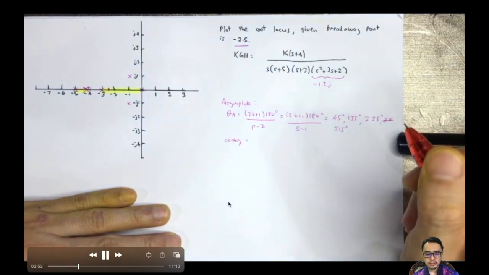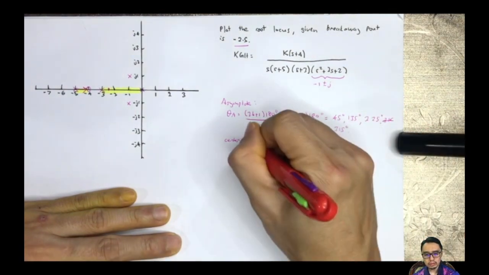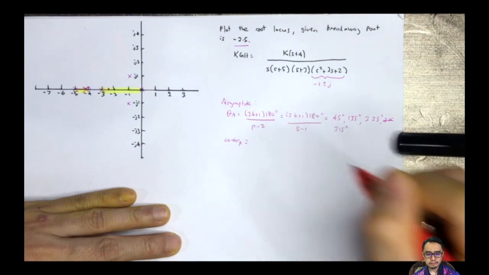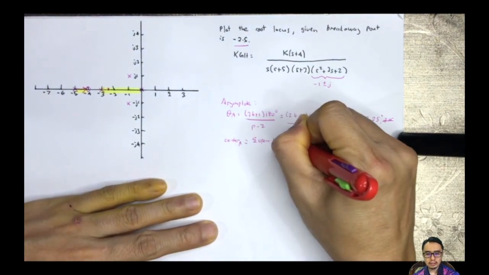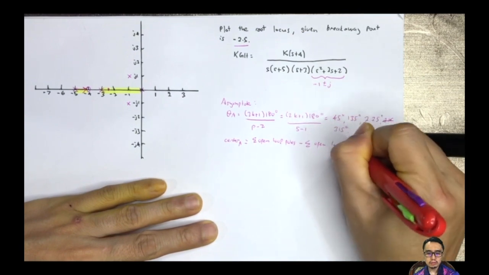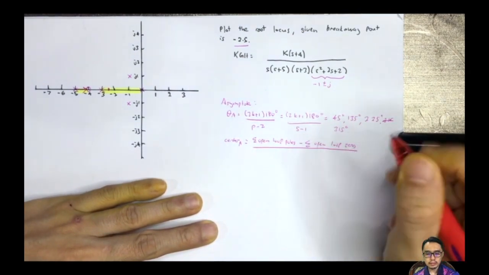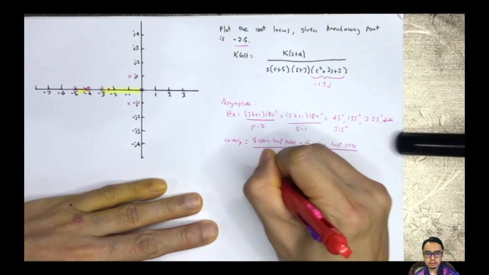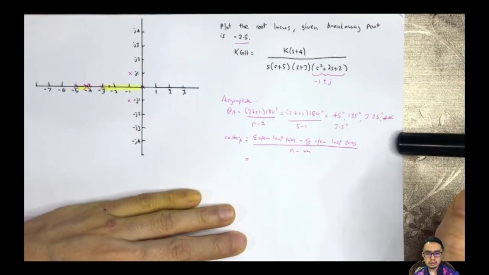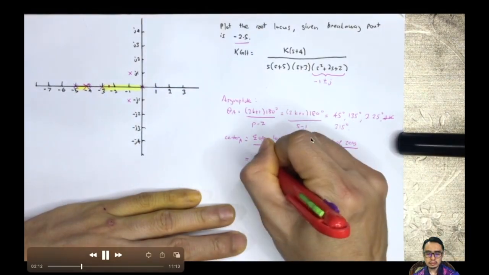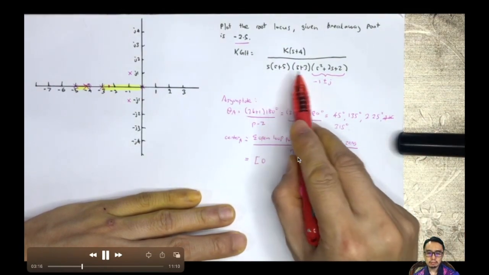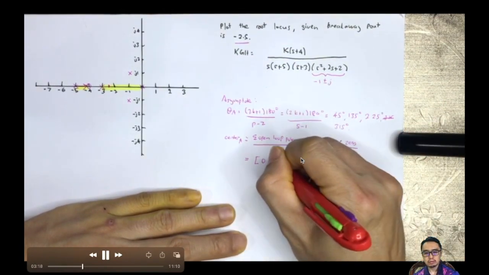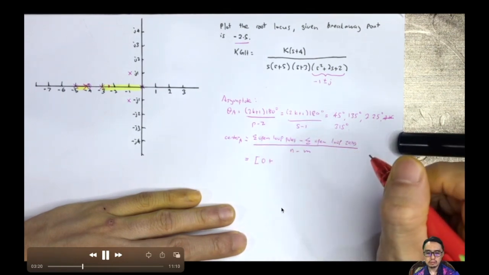But you need to find the center of the asymptote first using the equation given in the video before. So it's the number of open loop poles minus the number of open loop zeros. That's the value of the poles minus the value of the zeros divided by the number of poles minus the number of zeros.